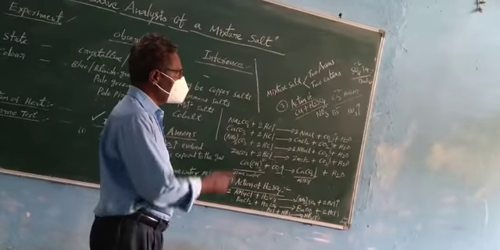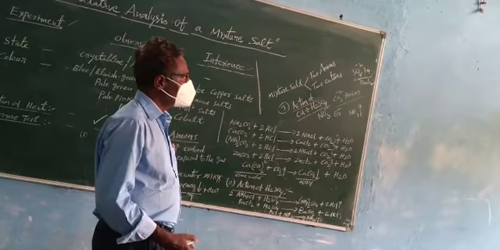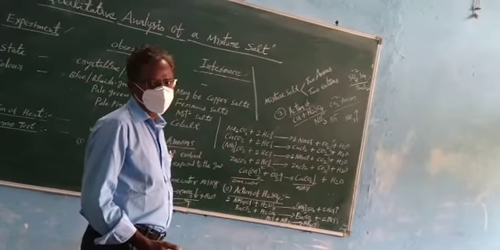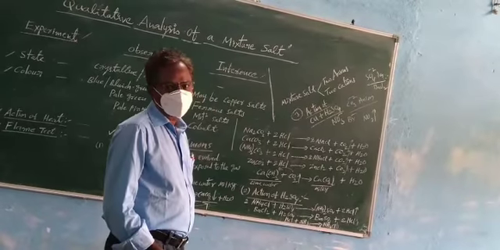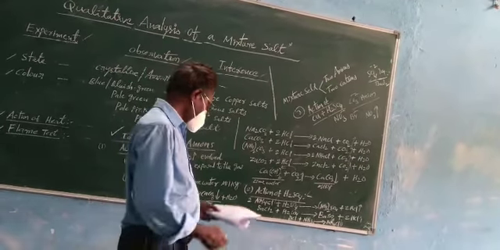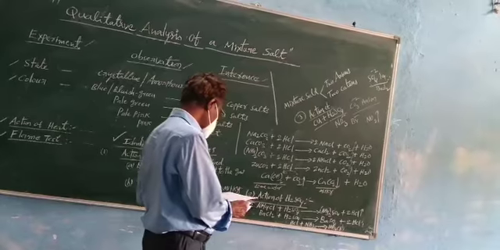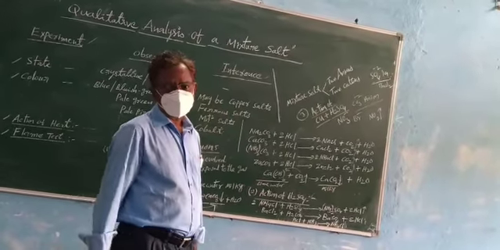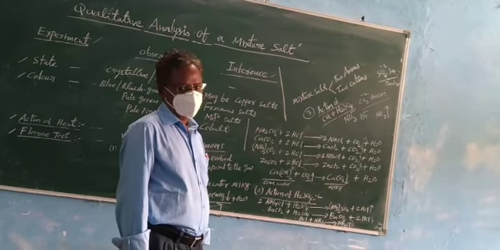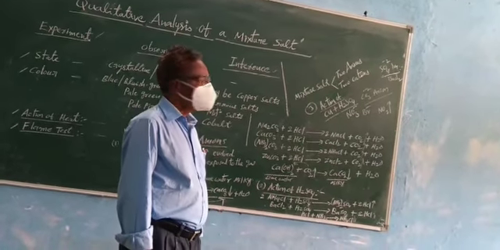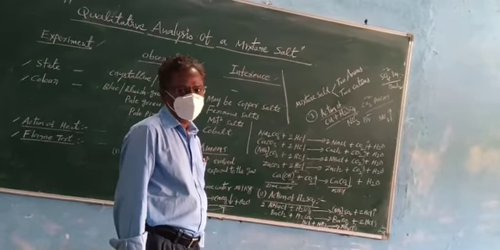While adding barium chloride solution to the given mixture salt which contains sulfate ion, a white precipitate is formed. This white precipitate is insoluble in concentrated HCl. It indicates the confirmation of the sulfate ion.